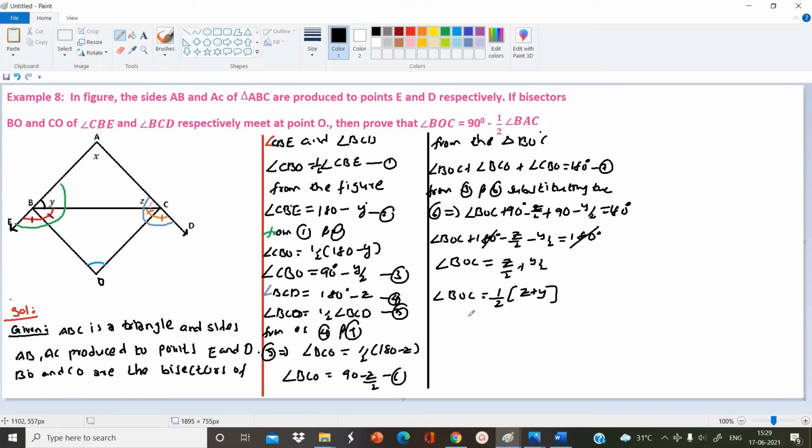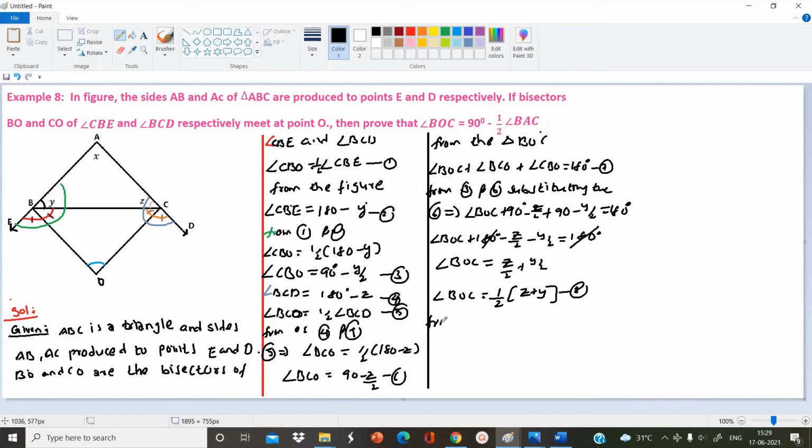So from the figure, from triangle ABC, the total angles x plus y plus z equals 180 degrees. So write that here, and just think this is equation 8.